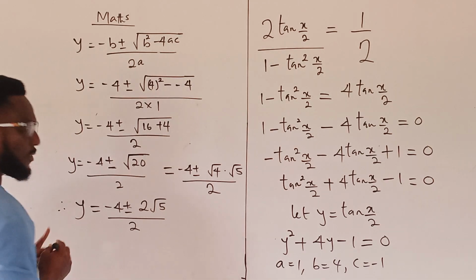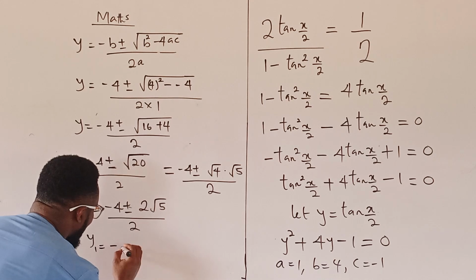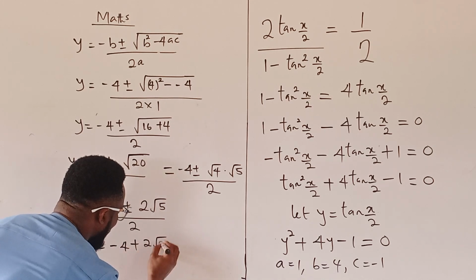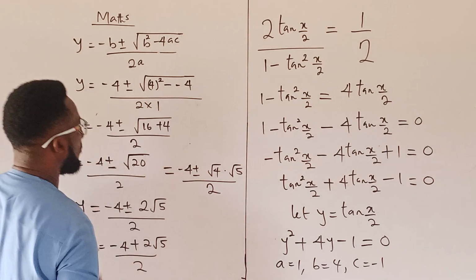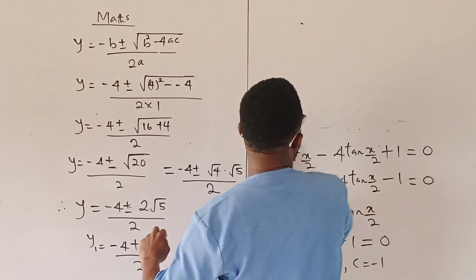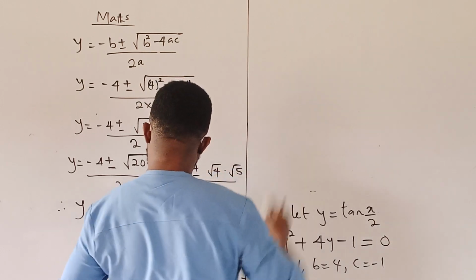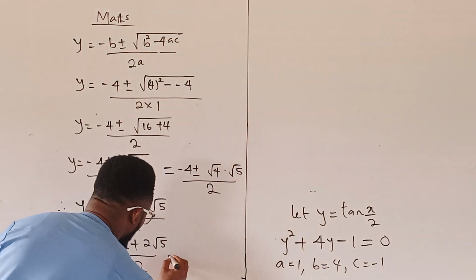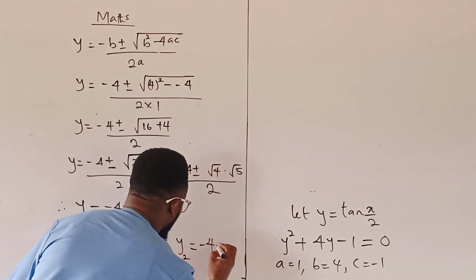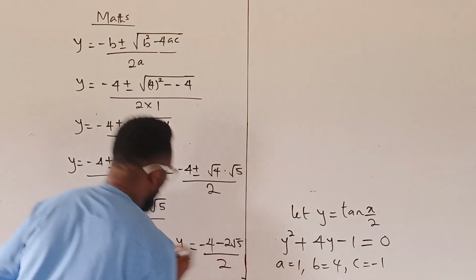Okay, the first answer will be y1 equal to -4 plus 2 rad 5 upon 2. y2 will be negative 4 minus 2 rad 5 upon 2.